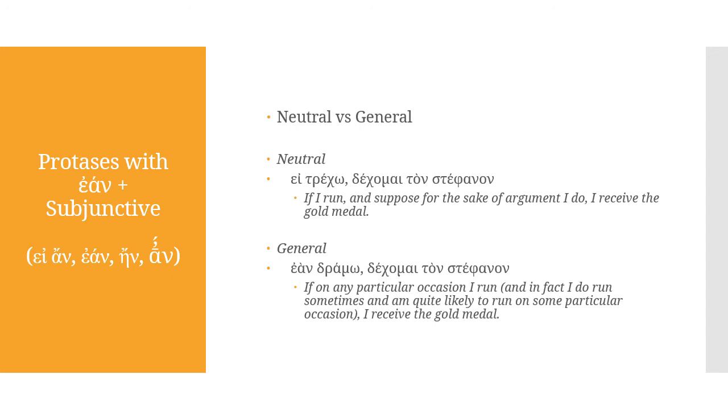Because the form of the subjunctive in the Greek, dramo, trecho, etc., is not determined by tense and can't form a counterfactual in that way, because the form of the subjunctive, present, aorist, perfect, is doing something else. It's showing us aspect and temporal relation to the apodosis, so that's not a choice that's available. That's why the an with the indicative has to do the work of the counterfactual.